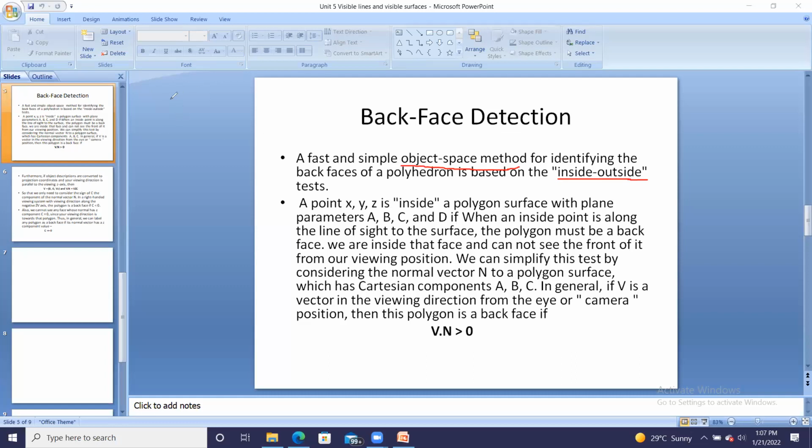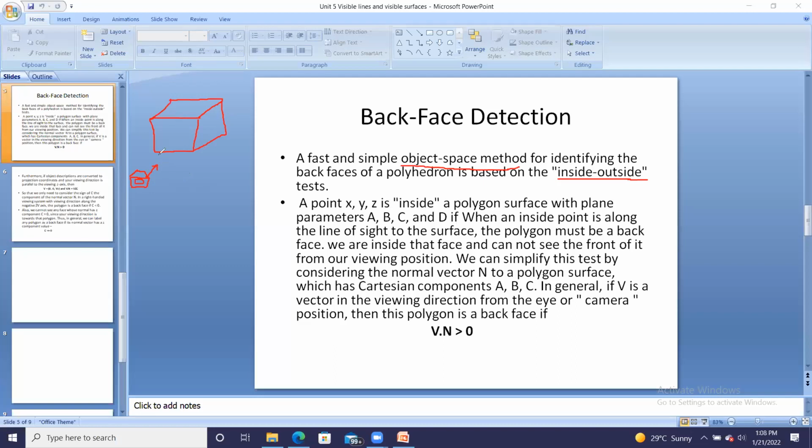See here, I will draw one diagram in which this is your object. Consider it is a cube and the camera is over here, or the user is over here. The direction of view is this. So the user is viewing from this direction.